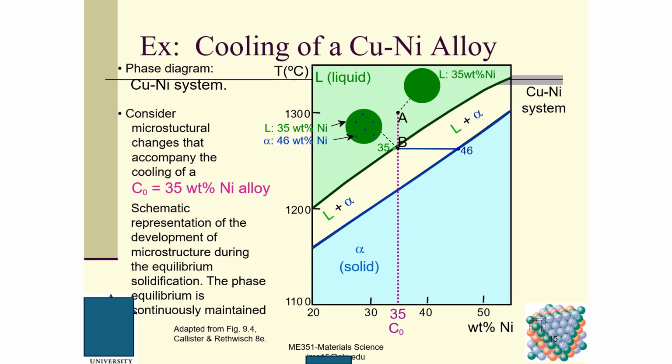At point A, we have a uniform liquid solution, which has 35 weight percent nickel. When the temperature is lowered from A to B, this vertical line intersects the liquidus curve at point B. At point B, some dots start to appear here.